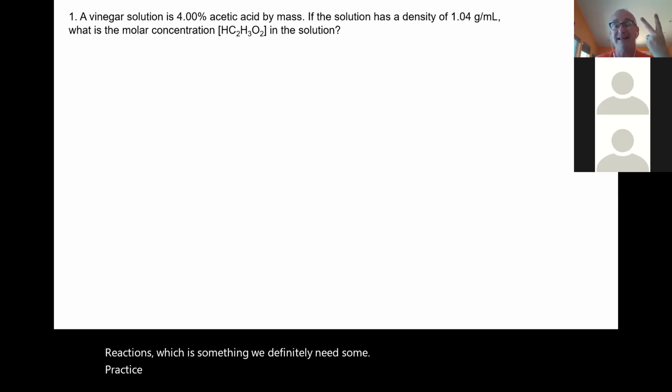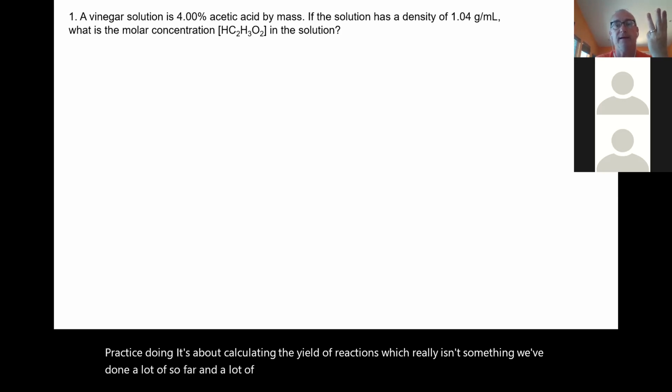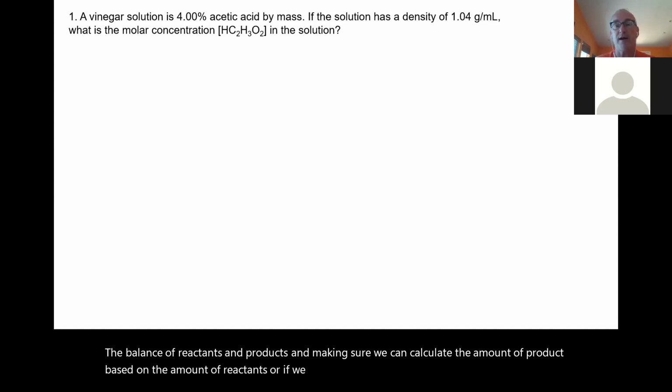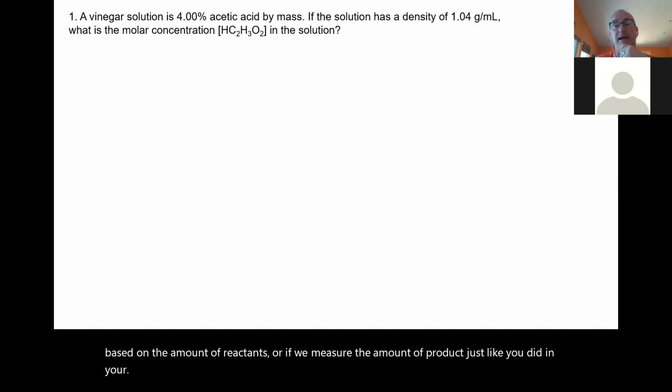It's about calculating the yield of reactions, which really isn't something we've done a lot of so far, and a lot of stoichiometry, which is just basically looking at the balance of reactants and products and making sure we can calculate the amount of product based on the amount of reactants, or if we measure the amount of products, just like you did in your lab yesterday.